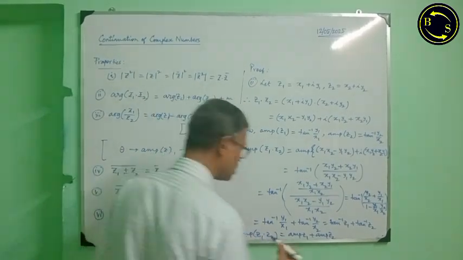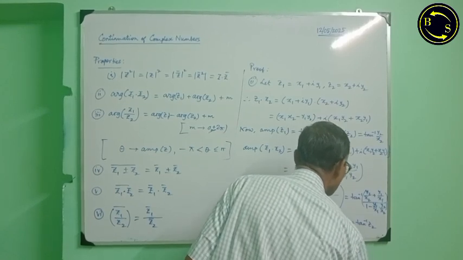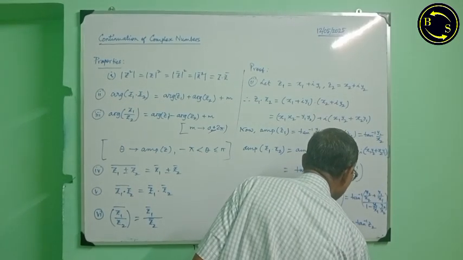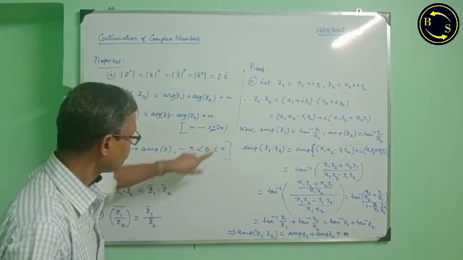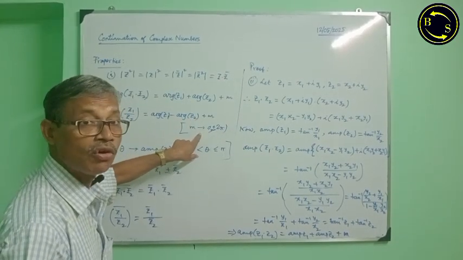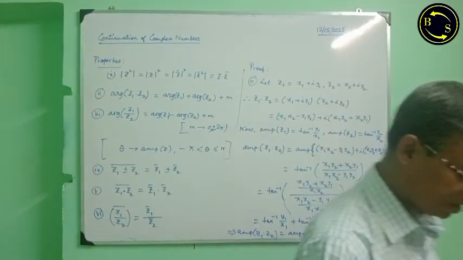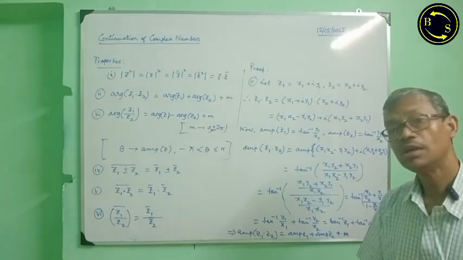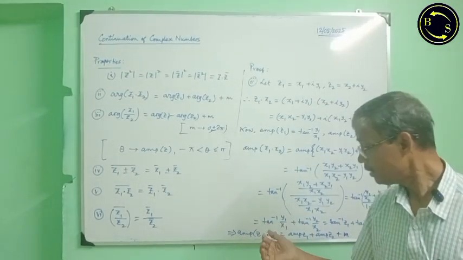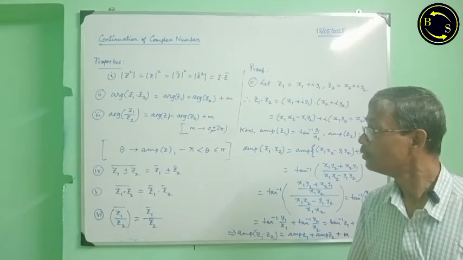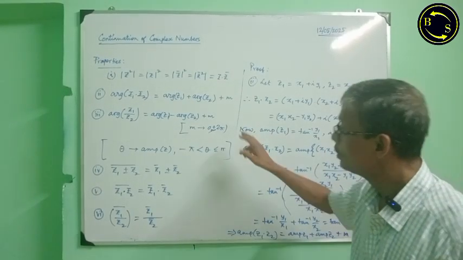For that adjustment we have to add a number, say m, and m will be, as I have already mentioned, 0 or plus minus 2 pi. Actually after calculation we will find the position of the complex number. Accordingly you will write the exact value. Thus this is the proof for the second one.